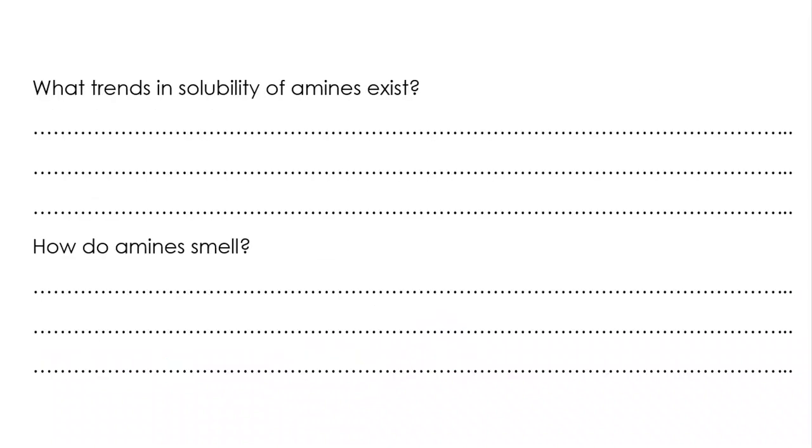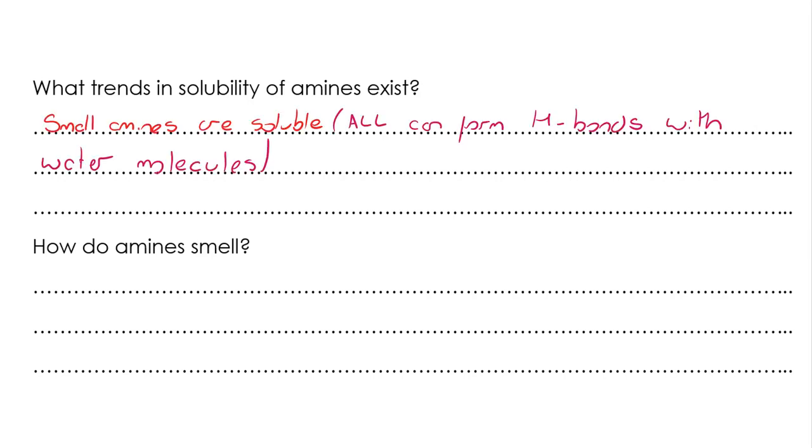What trend in the solubility of amines exists and how do they smell? Some important facts for you to remember. Well, we will start with the fact that small amines are soluble. The reason for that is that they can all form hydrogen bonds. Even though they don't have hydrogen bonds themselves within them, the N and the lone pair on the N can form a hydrogen bond with water molecules.